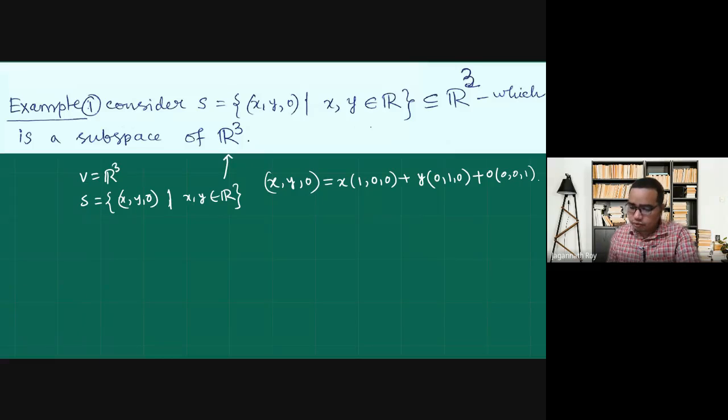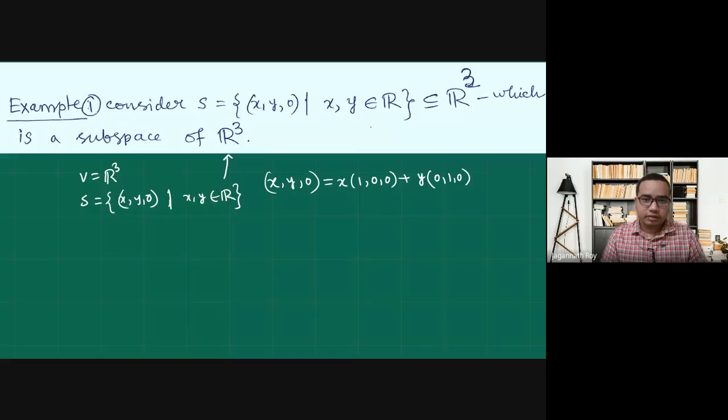Let me just write it down properly. For this case, we don't need to write this one.